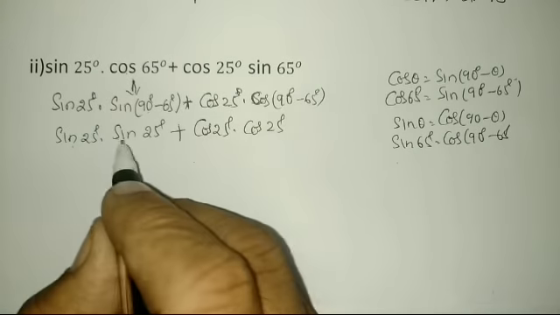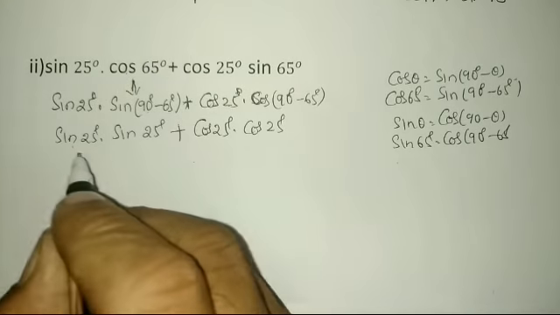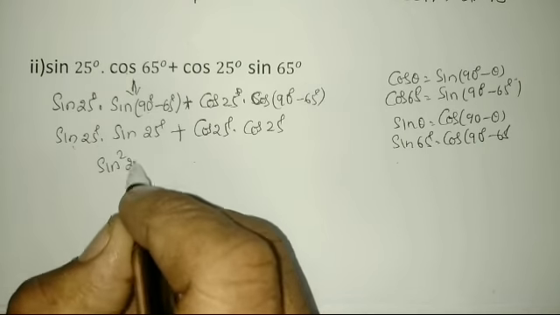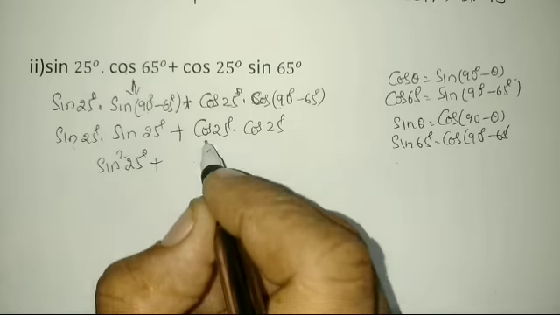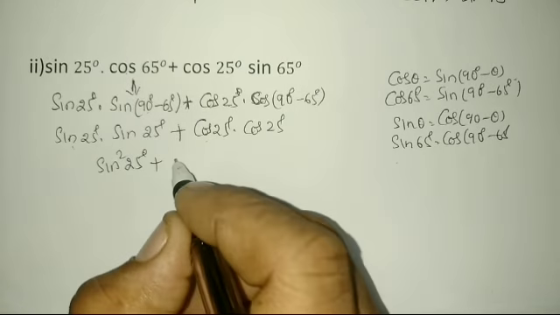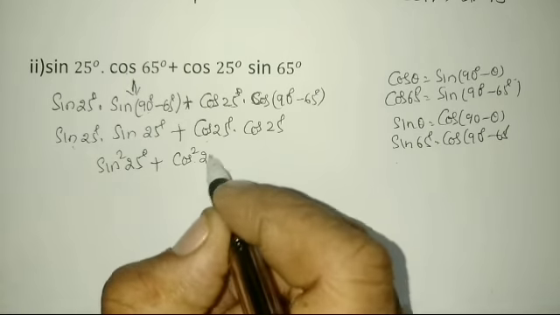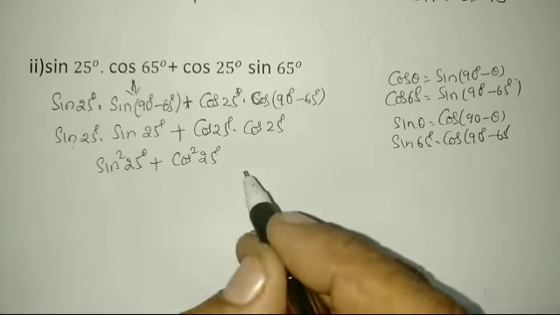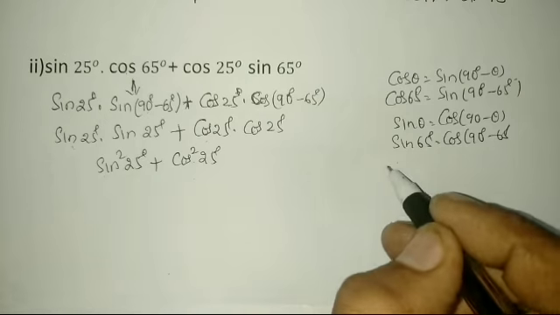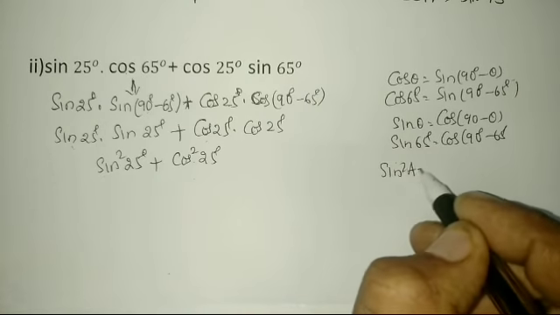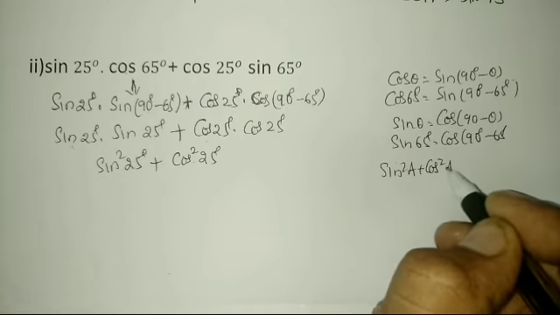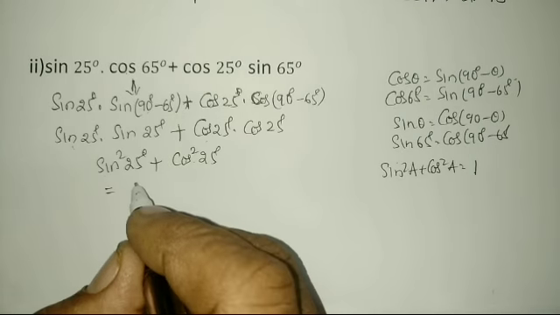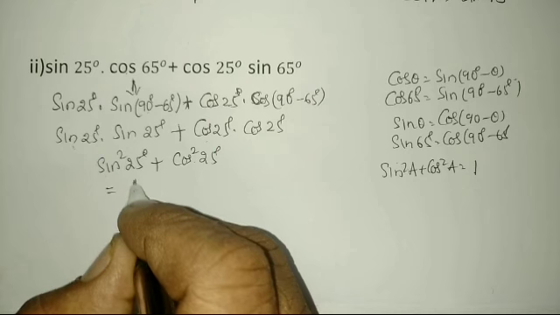We know that sin A into sin A, sin square A, sin 25 degrees into sin 25 degrees, sin square 25 degrees, plus cos 25 degrees into cos 25 degrees, cos square 25 degrees. Now sin square 25 degrees plus cos square 25 degrees is in the form of sin square A plus cos square A, which is equal to 1. So sin square 25 degrees plus cos square 25 degrees is equal to 1.